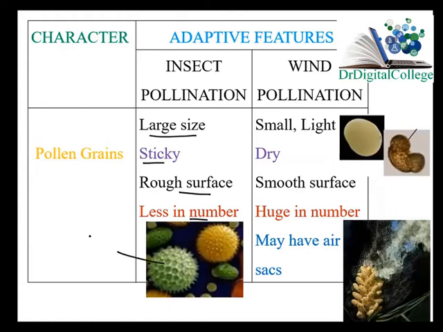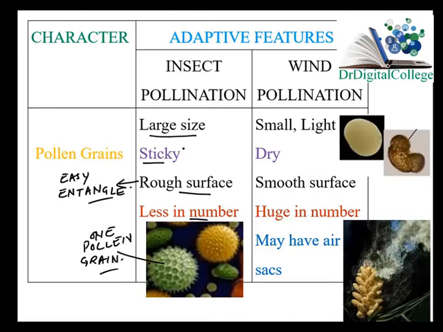So this is one pollen grain. Okay, you can see that its surface is very rough. So a rough surface will give easy entangling. It can entangle with the body of an insect very easily.